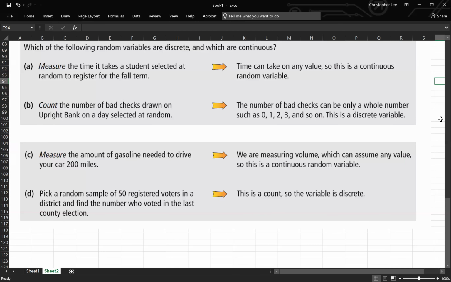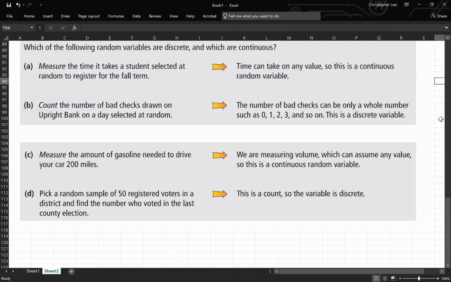It might take you 5 minutes, but it might take you 36 minutes and 29 seconds. Continuous, right? Counts, keyword: the number of bad checks drawn on a bank on a day selected at random. As soon as you heard the word count, you already know that's discrete. The number of bad checks can be only a whole number, such as 0, 1, 2, 3, and so on. So this is discrete.